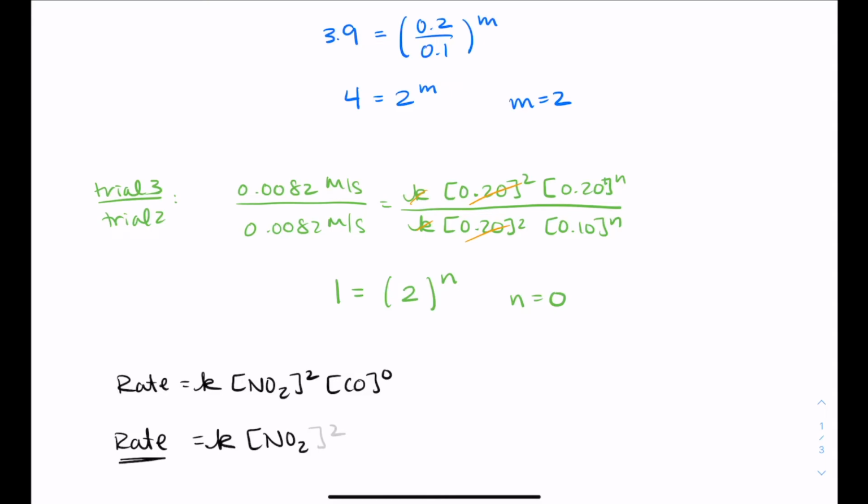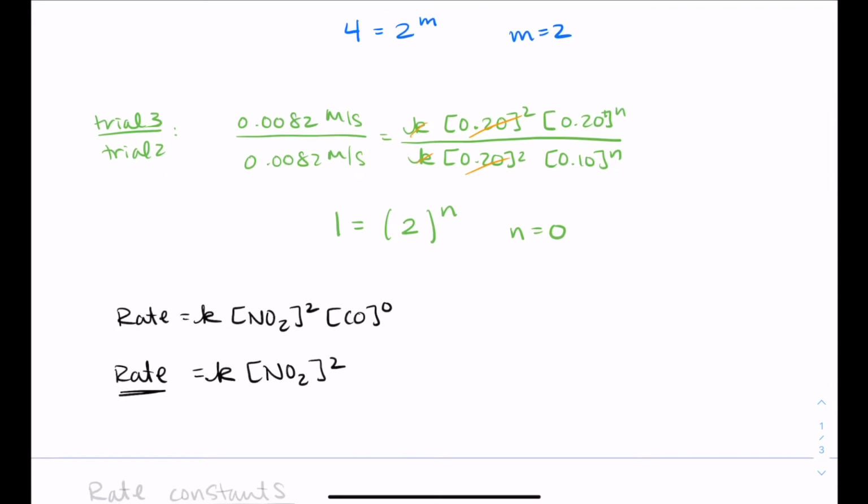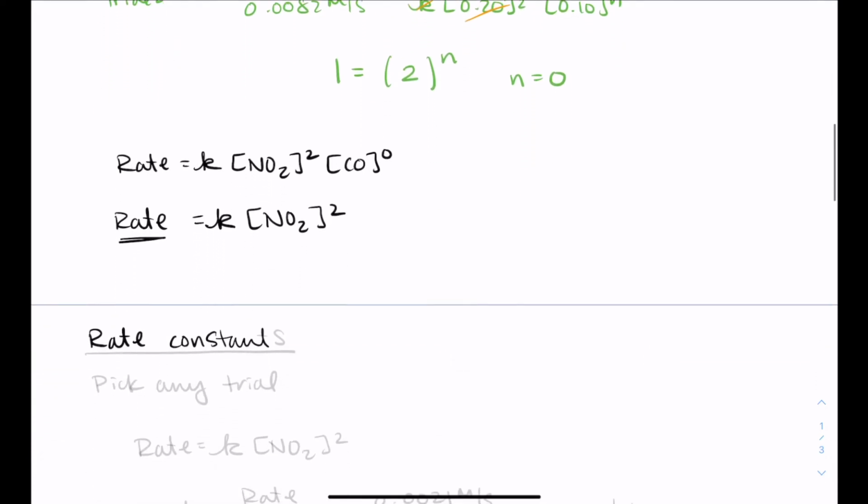So this means the rate is equal to K times NO2 squared times CO to the 0 power, but that's just 1, so we're going to leave it off. Your rate law would be the rate is equal to K times the concentration of NO2 squared. We now have enough information to find the rate constant.